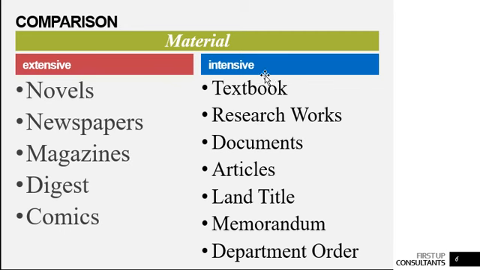Wherein intensive reading, you have to read textbook, research works, documents, articles, land title, memorandum, or department order. So these are some of the examples for the extensive and intensive reading.